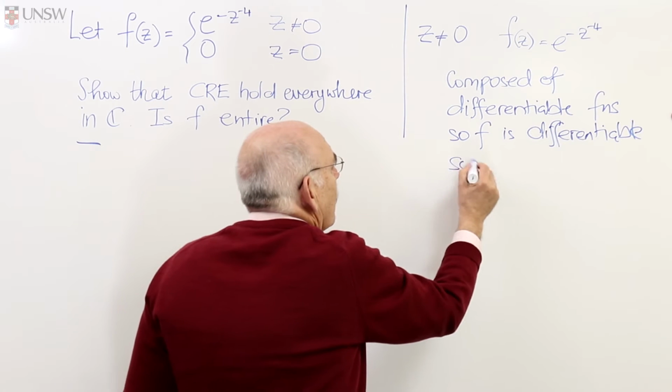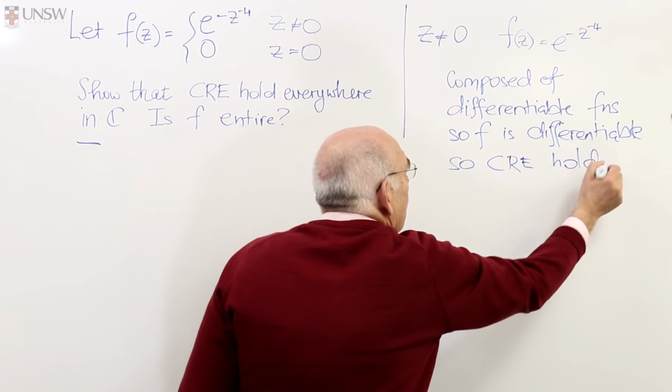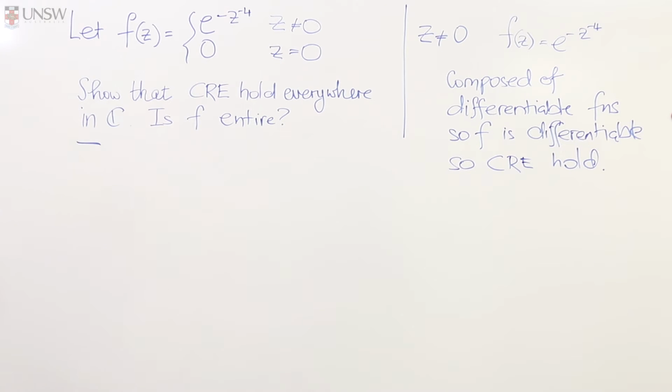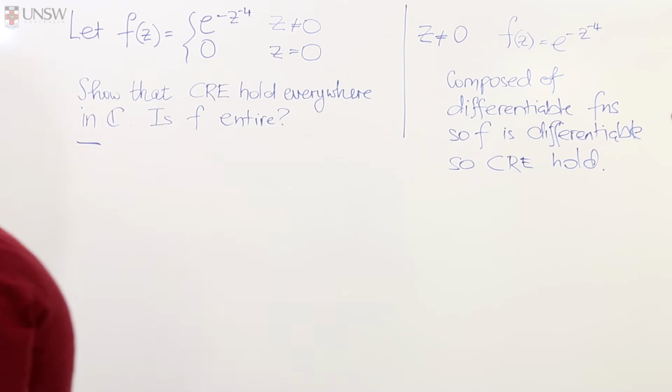And that means that the Cauchy-Riemann equations hold. So the question is really what happens at 0. And the trouble is that at 0, f has a different definition to when z is not equal to 0. Now, how do we proceed?